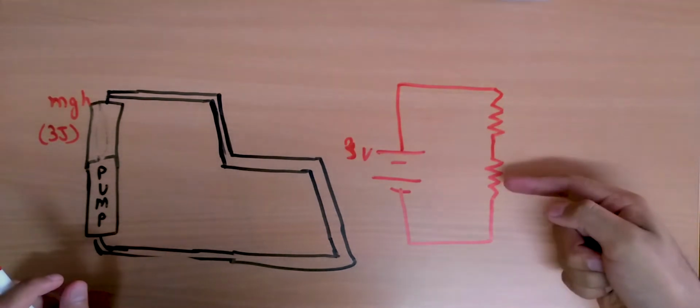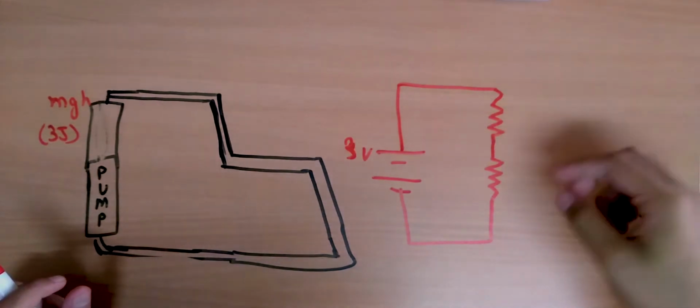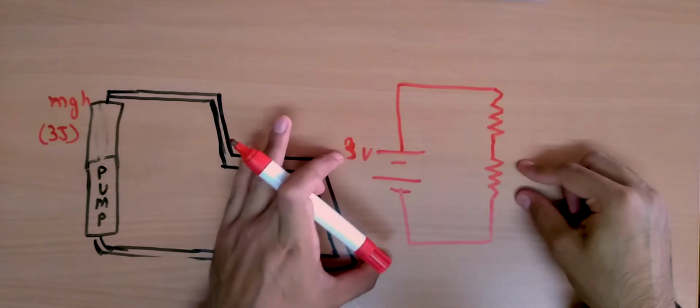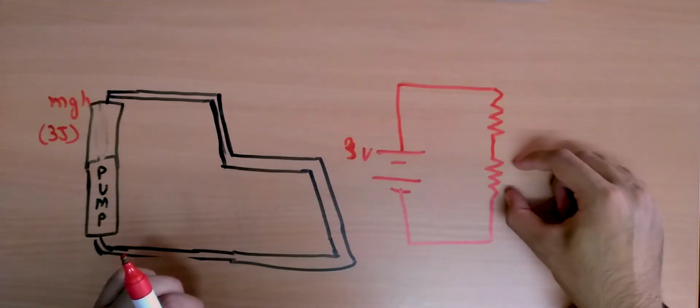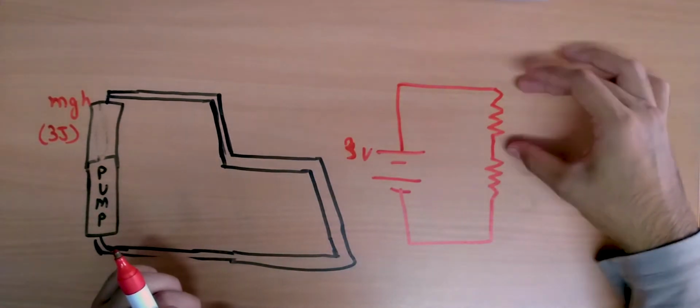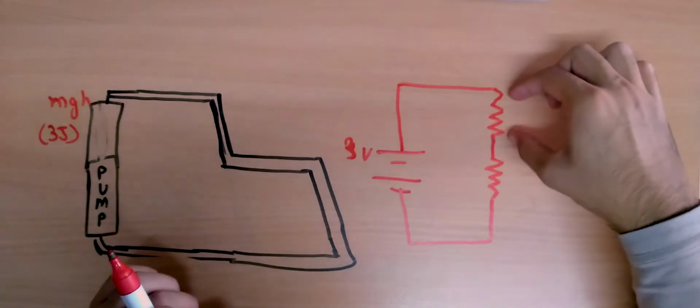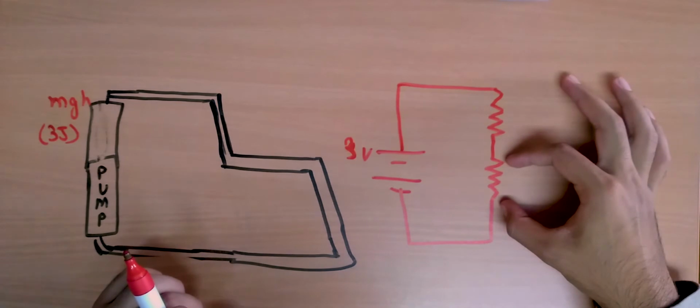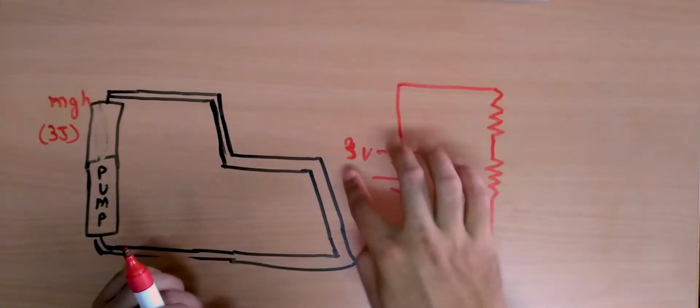Then again in the next resistor it loses some potential energy, just like water loses potential energy in this section. And the main thing to notice here is that the potential energy lost in this resistor plus the potential energy lost in this other resistor has to be equal to 3 volts.